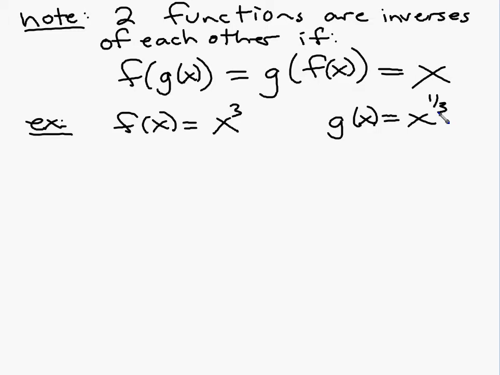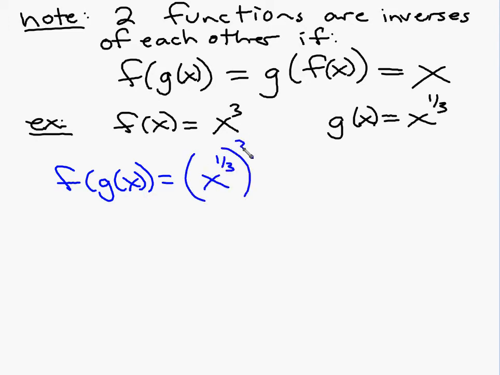If I wanted to see if those two were inverses of each other, I would plug them into each other. So I would do f of g of x, which means I'm going to plug g into f. So I'm going to have x to the 1/3 cubed. So what is x to the 1/3 cubed? Well, power to a power, we multiply, I get 1, so it's just x.